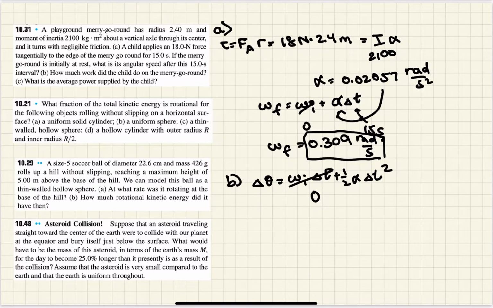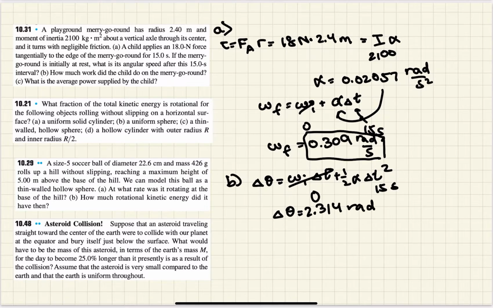This is 0 because it starts at rest. Alpha is 0.02057. Time is 15 seconds. And so you do 1/2 times 0.02057 times 15 squared, and you're going to get a delta theta of 2.314 radians.